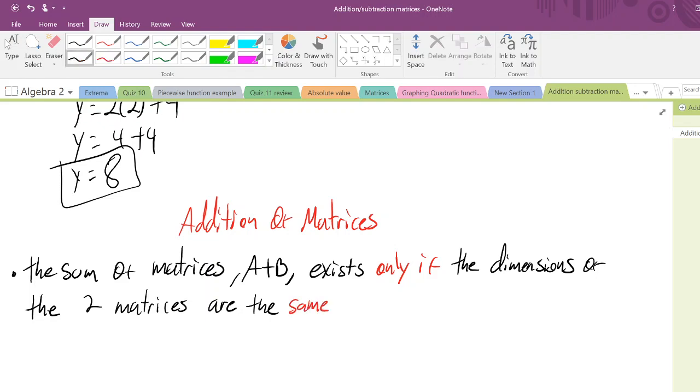That means the dimensions have to be the same, so you have to have the same amount of rows and the same amount of columns.